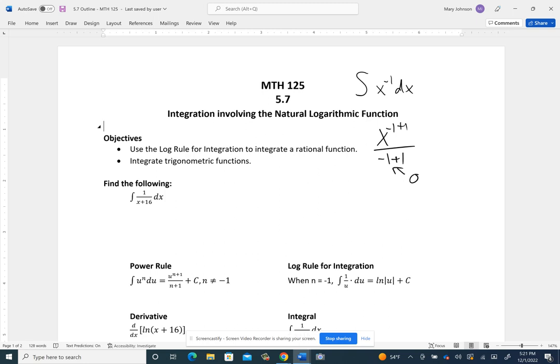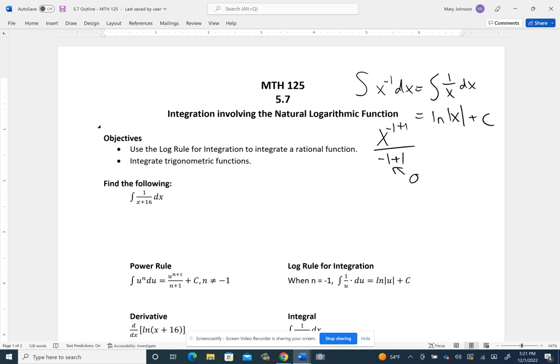That's the reminder that I'm actually trying to integrate 1 over x dx. This is what that log rule helps me with. That's going to turn out to be the natural log of x plus c.